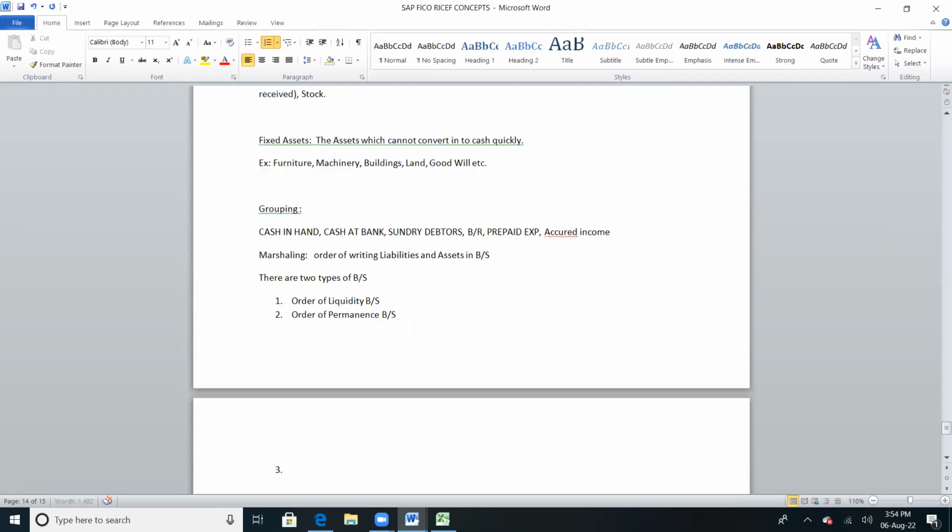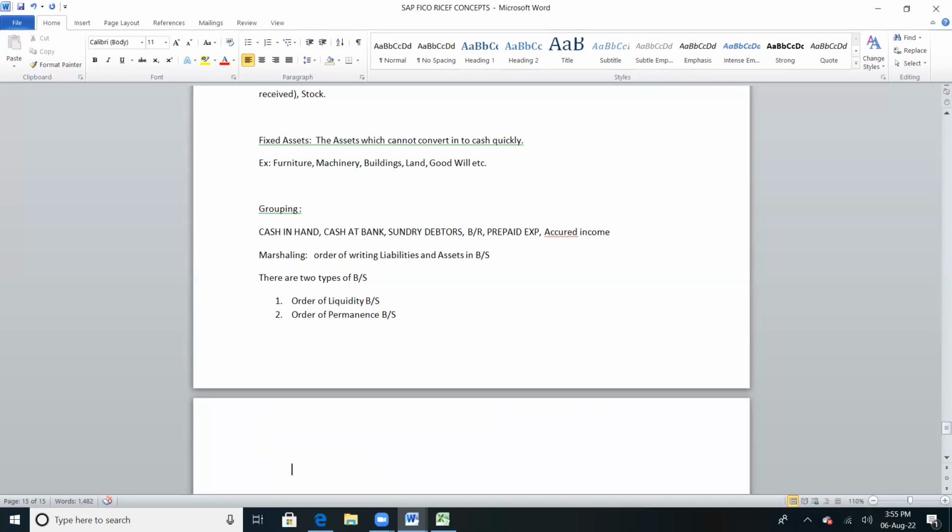So what exactly is liquidity now? In this format, first write down the order of liquidity balance sheet. On the asset side, the most liquid asset will be written first.